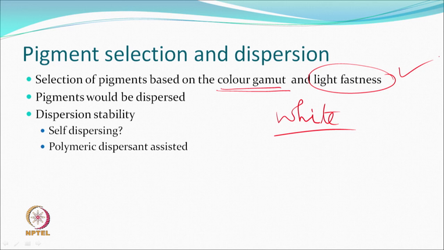Pigments would be dispersed obviously, because they are not soluble in water, and dispersion stability is what is going to determine the shelf life. If the particle size is very, very small, they could be self dispersing. Otherwise, you may have to use a polymer based dispersant which can assist the good dispersion happening.